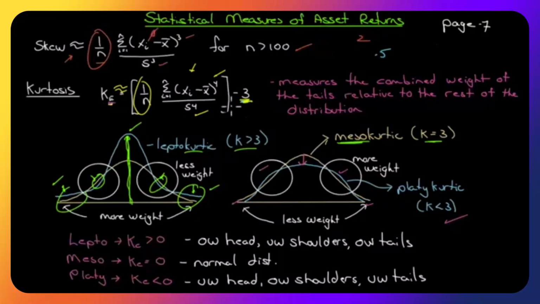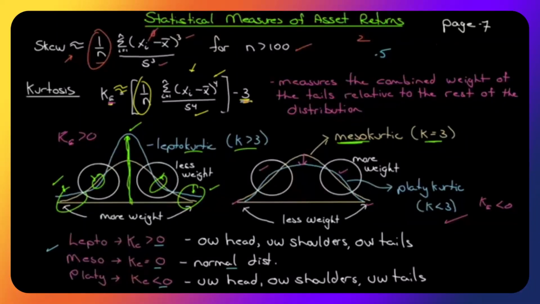Its excess kurtosis, since it's subtracting 3, Ke will be less than 0, whereas here, Ke will be greater than 0. So I give it to you down here. Leptokurtic distributions, the excess kurtosis is greater than 0. For meso, it equals 0. That's a normal distribution. And for platykurtic, it is less than 0.